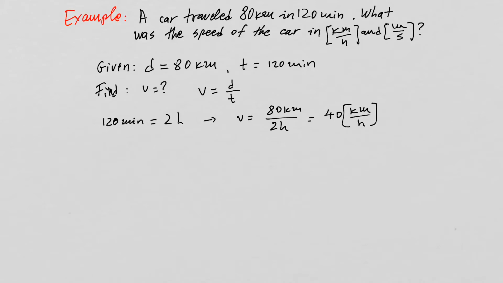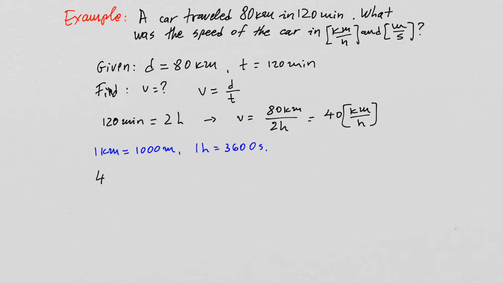Now let's calculate the speed in meters per second. So to do that, let's remember that 1 kilometer has 1,000 meters, and 1 hour has 3,600 seconds. So I'll use those two relationships to create two conversion factors, one to convert from kilometers to meters, and the other one to convert from hours to seconds.